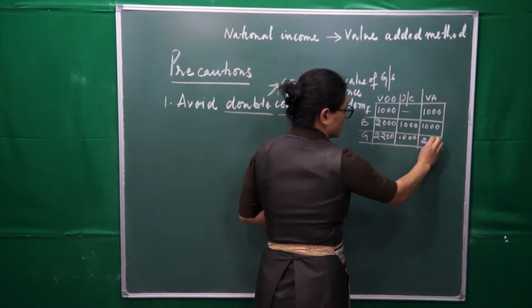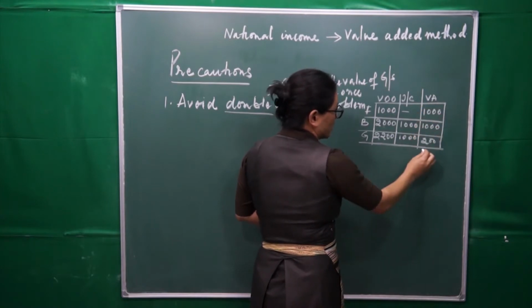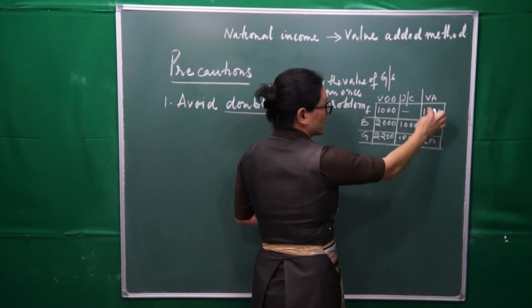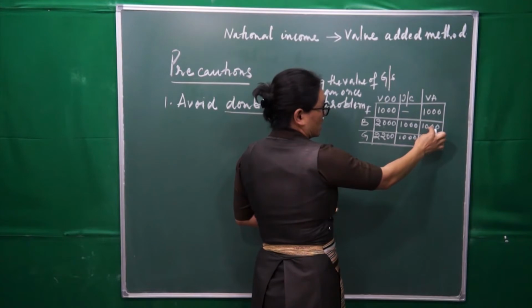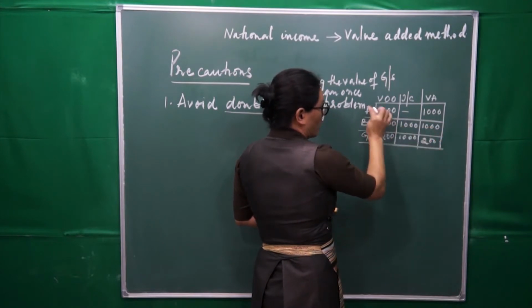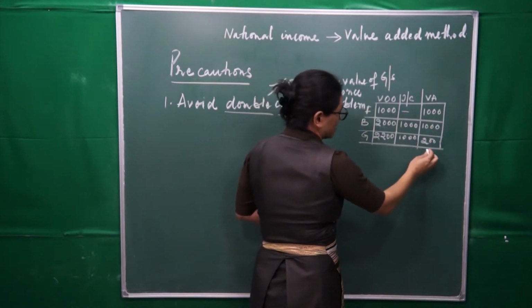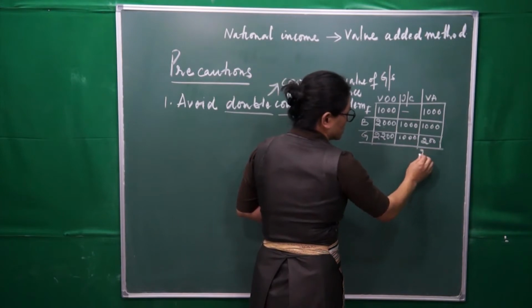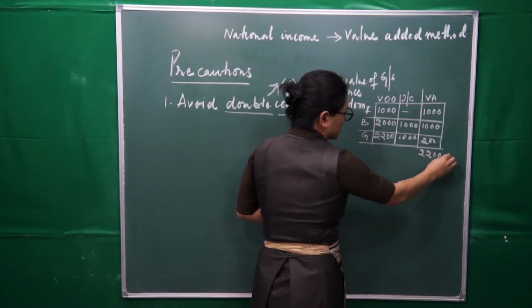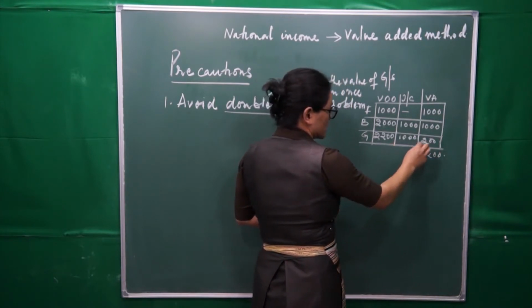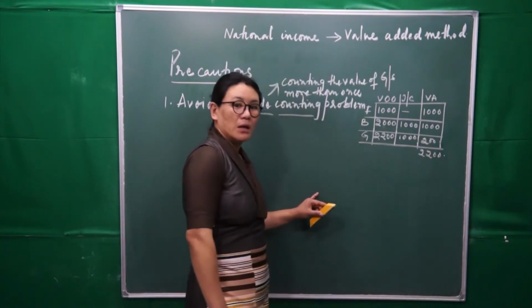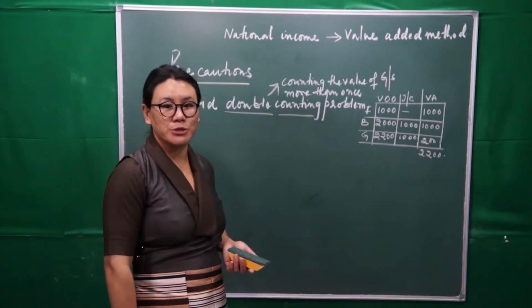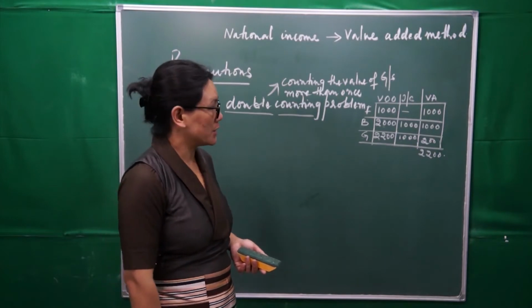It is just 200, right? So the sum, or we can say the gross value addition, of these producing enterprises is how much? 2200, right?